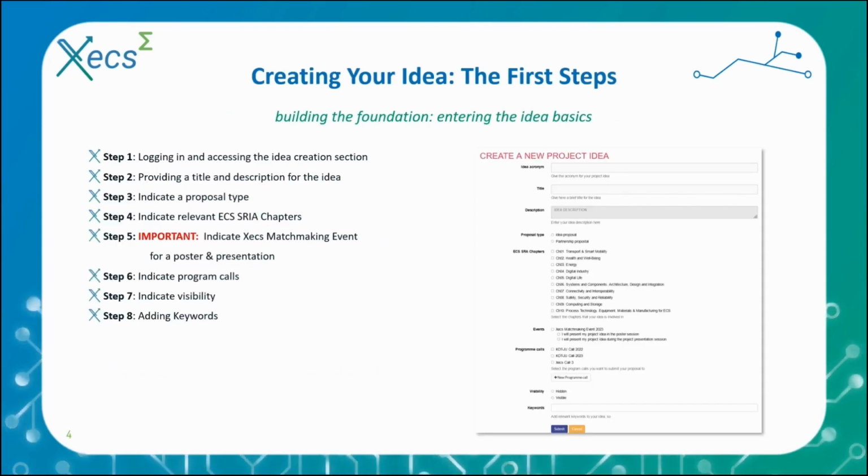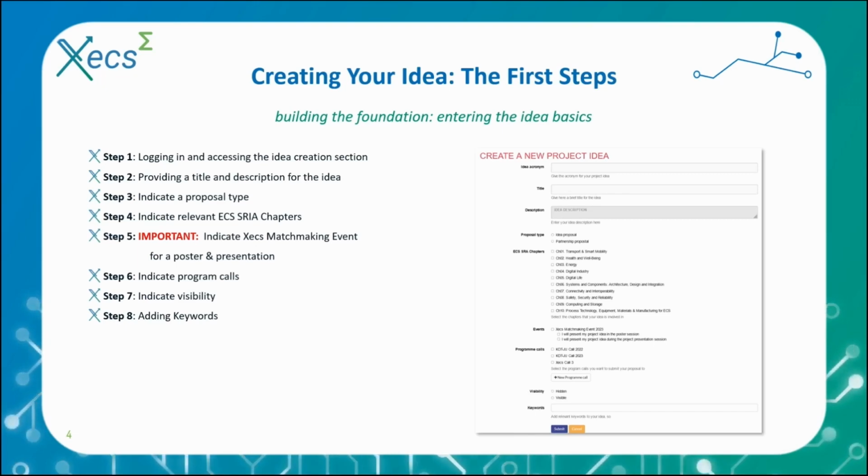Okay, the first step to create your project idea is logging into the tool, which is available at ecscollaborationtool.eu. You log in and you go to the creation section. Then you provide a title and a description of your project. You indicate the proposal type, which could be a partner proposal or idea proposal.